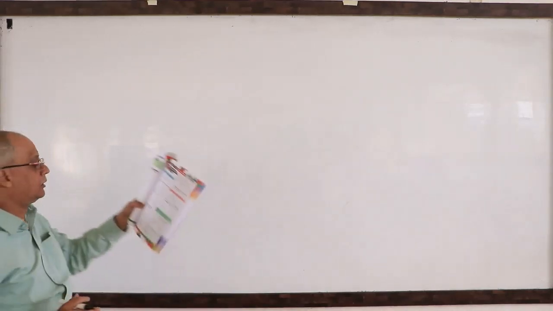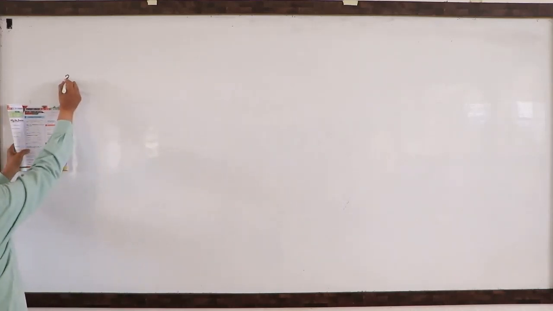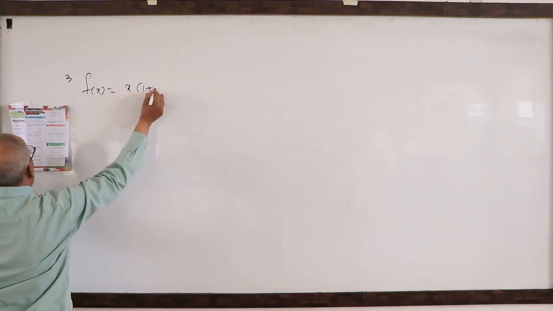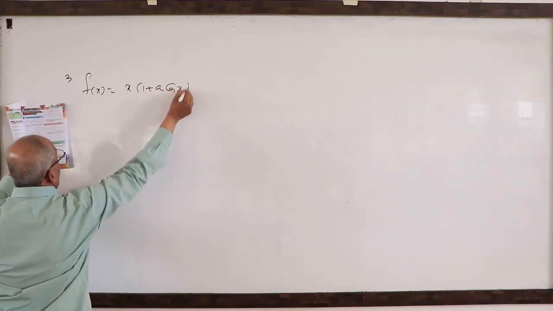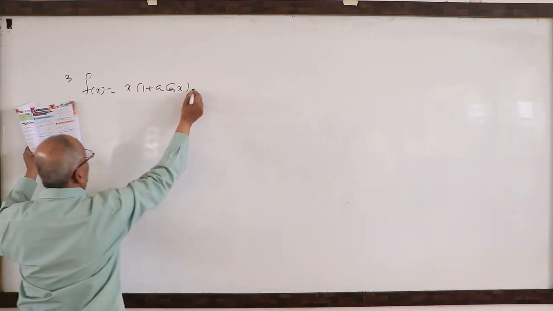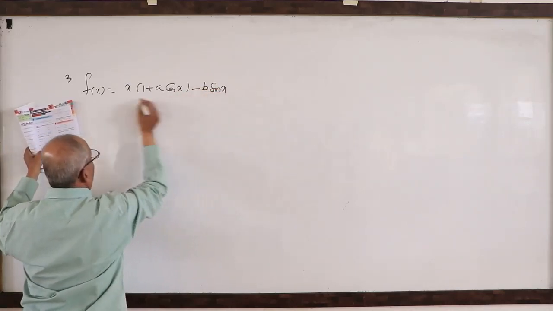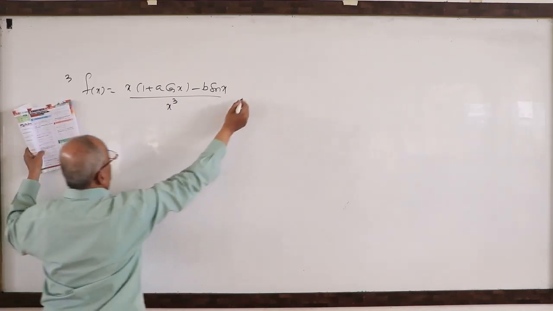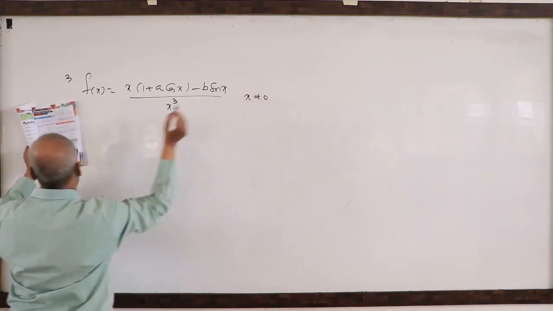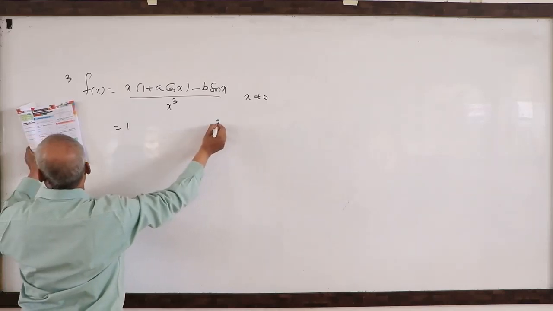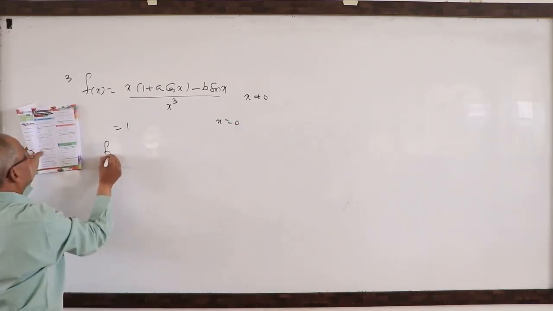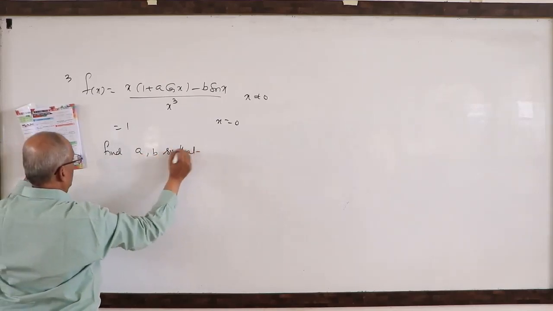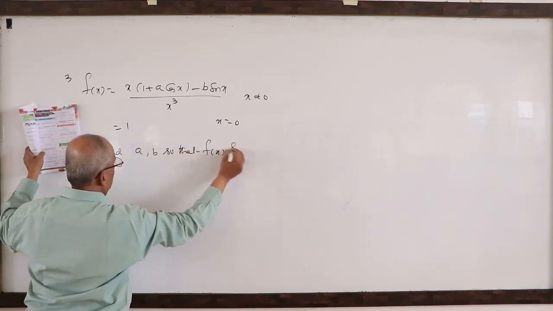Okay, see, f of x is x into 1 plus a cos x minus b sin x by x cube, non-zero, and it is 1 when x is 0. Find the values of a, b so that f of x is continuous.